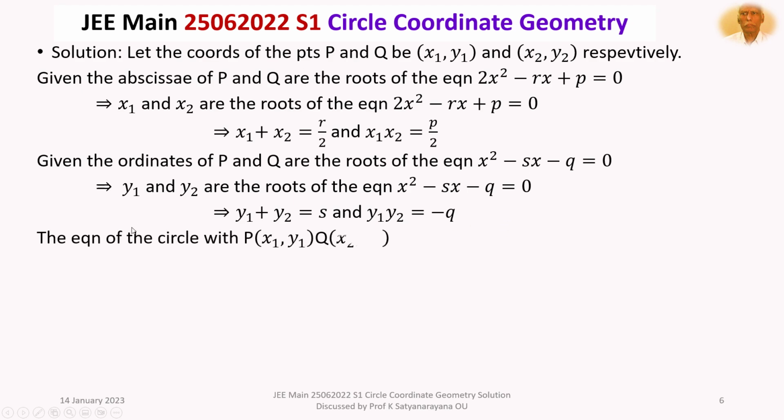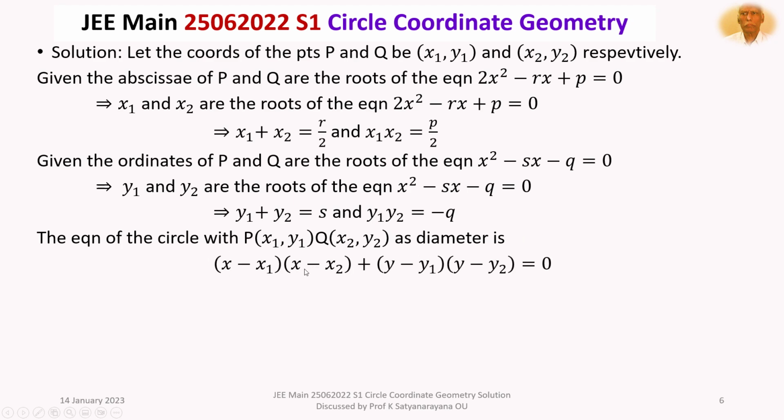And we know the equation of the circle with PQ as diameter, where the coordinates of P are x1, y1 and the coordinates of Q are x2, y2. The equation of the circle with PQ as diameter is given by x minus x1 multiplied by x minus x2 plus y minus y1 multiplied by y minus y2 is equal to 0.